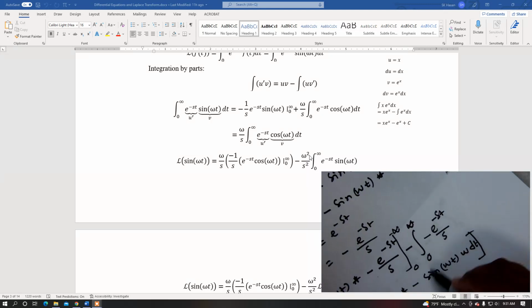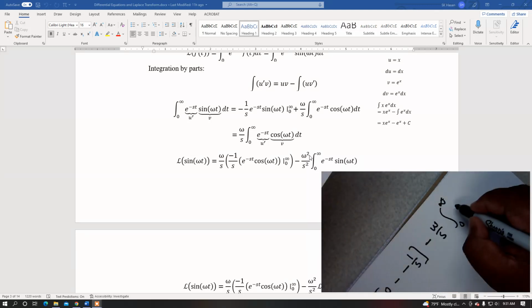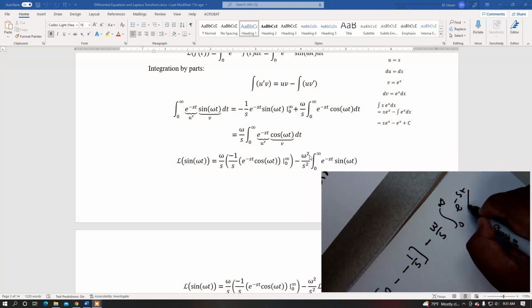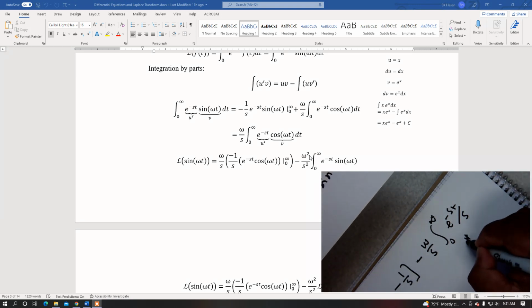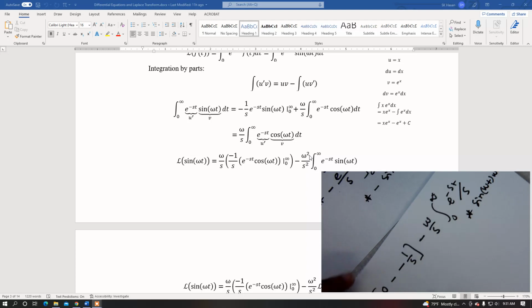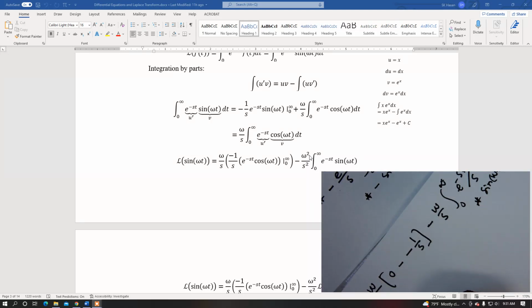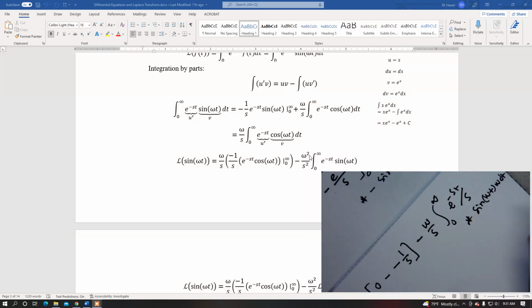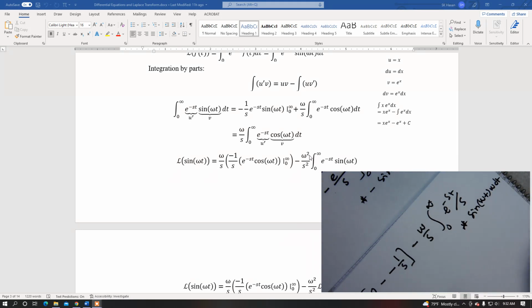Look here, here is minus, here is minus, so minus minus is plus: e to the power minus st over s multiplied by sine omega t omega dt.